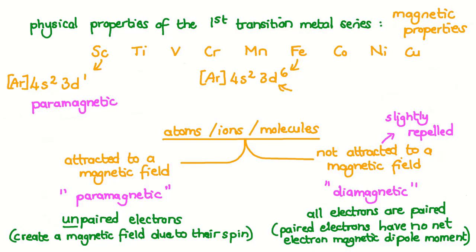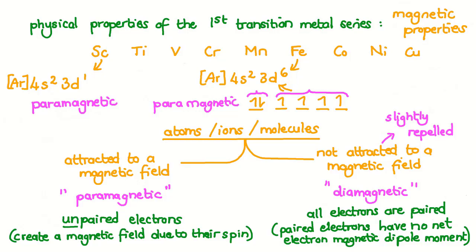But what about the 3d electrons? If we put the 6 3d electrons into the 5 orbitals of the 3d subshell, we see that 2 of the electrons are paired and 4 are unpaired. So an atom of iron is paramagnetic, and to a larger degree than an atom of scandium, because an atom of iron has more unpaired electrons.